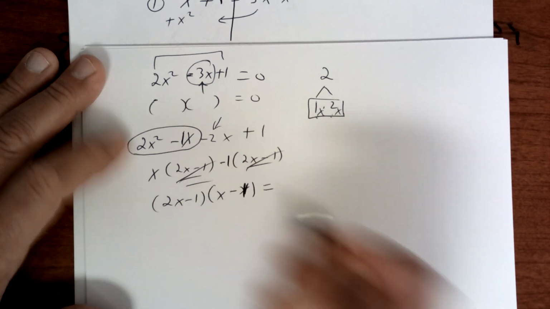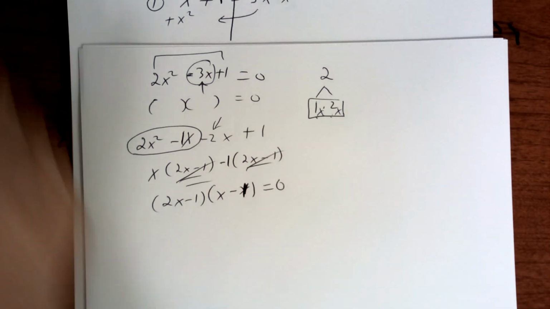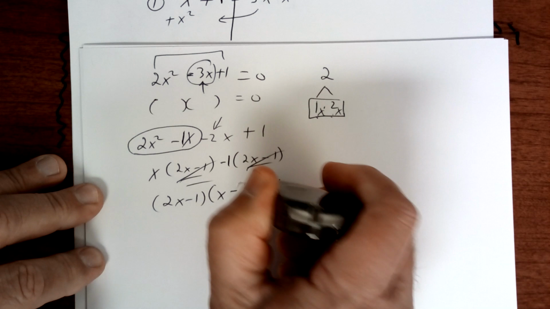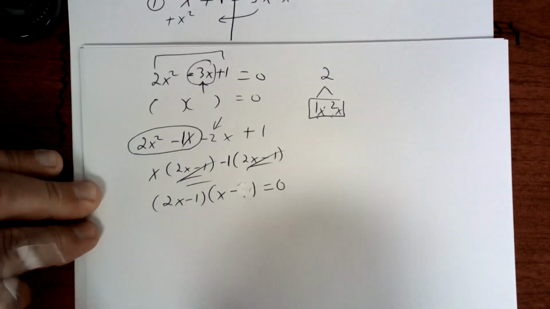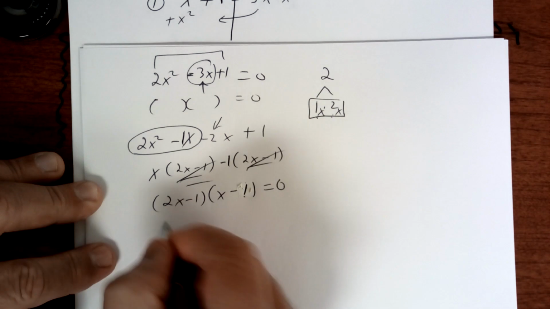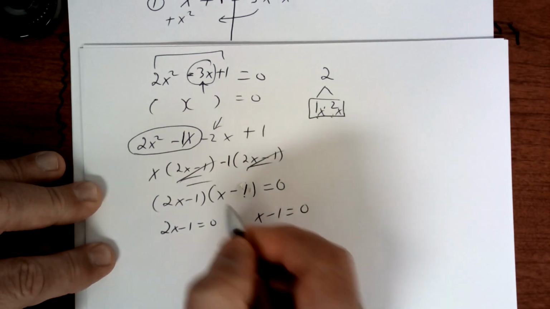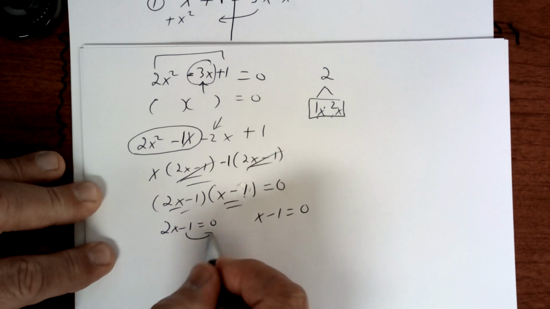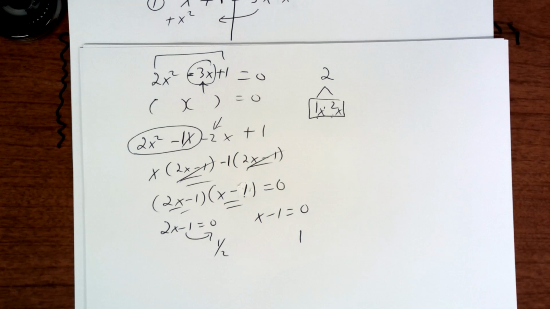And then you're going to set each factor equal to 0. Let me change that right there to a 1. So you're going to say 2x minus 1 equals 0, and x minus 1 equals 0, right? So this one is going to be 1/2. This one is going to be 1. And there it is. And that's how you do it.